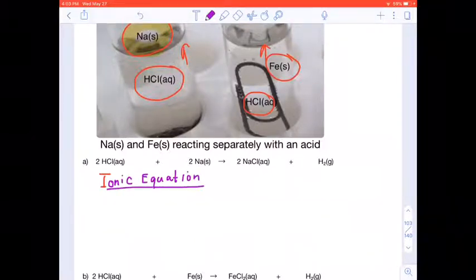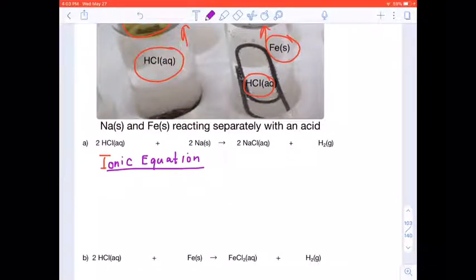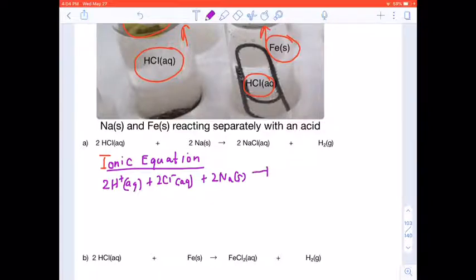If we take all our ions into account, we've got 2HCl, so it's going to be 2H plus aqueous plus 2Cl minus aqueous plus 2Na solid, and then it becomes 2Na plus aqueous.